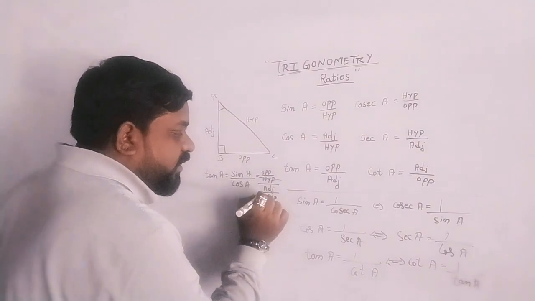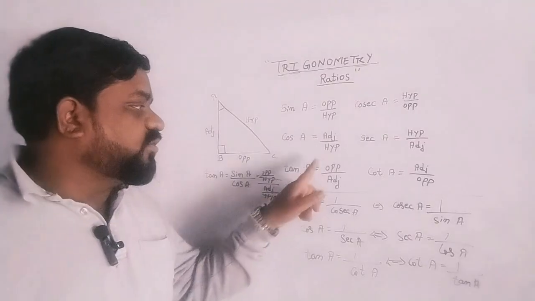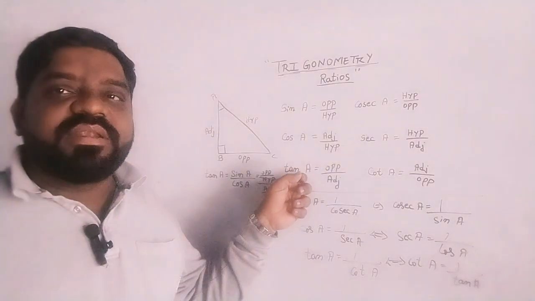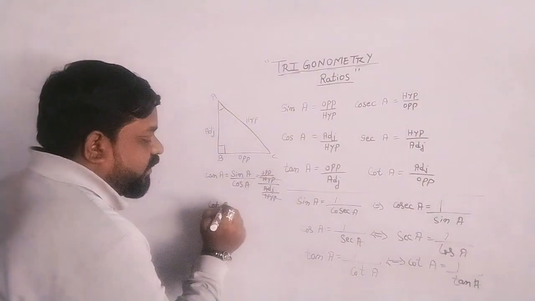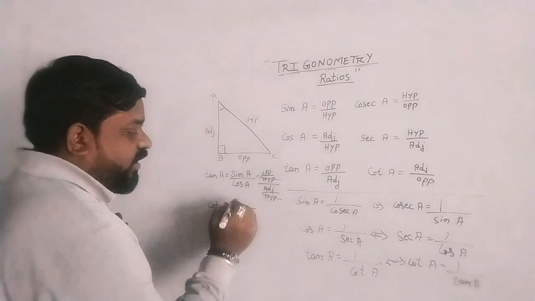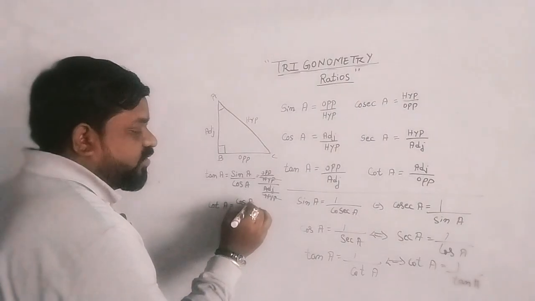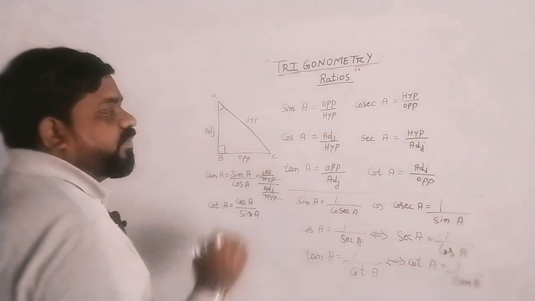So the denominator is hypotenuse. If you cancel, opposite by adjacent. So opposite by adjacent is tan A. And cot A is the inverse of tan A. So cot A can be written as cos A by sin A.